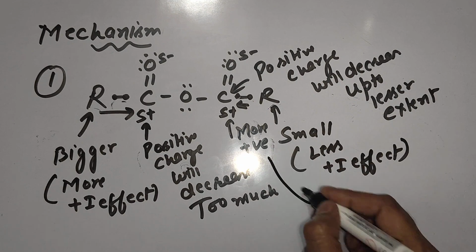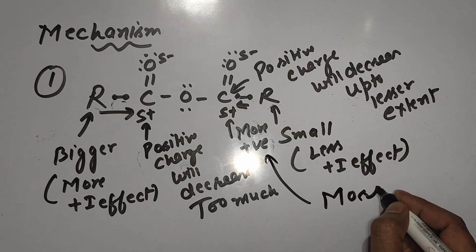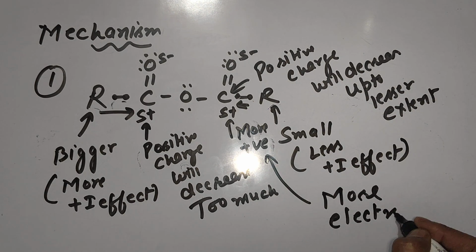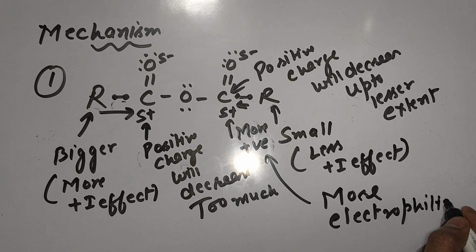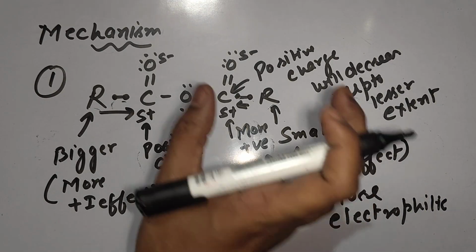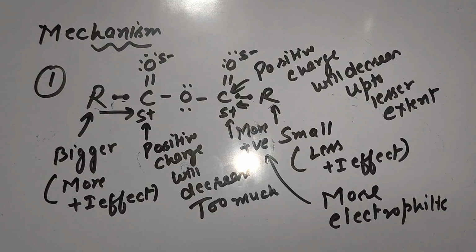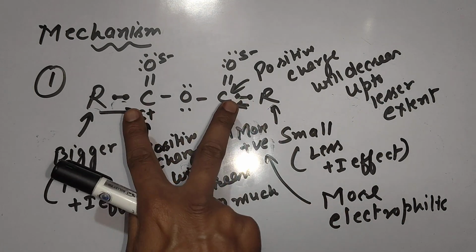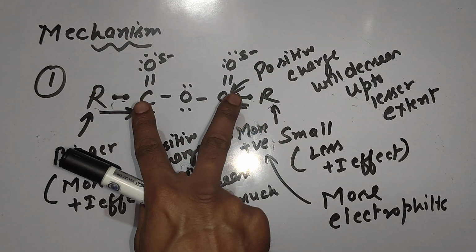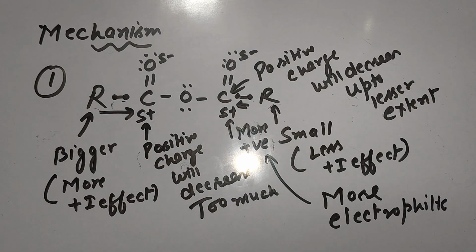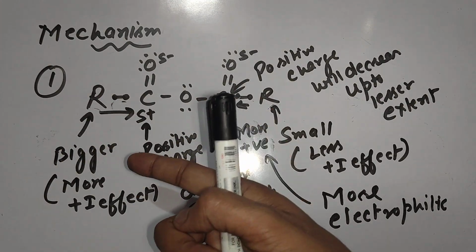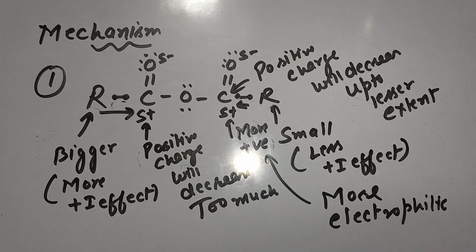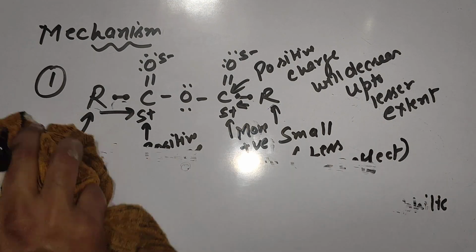More positive means more electrophilic. More electrophilic means it has more chances to be attacked by electrons. So please understand this point, very, very important. Out of two carbonyl carbons, which carbon will be attacked by the nucleophile, or which carbon is more electrophilic? It depends on the size of the R group. Everything is written here, you can check it. Now let's start the whole process.